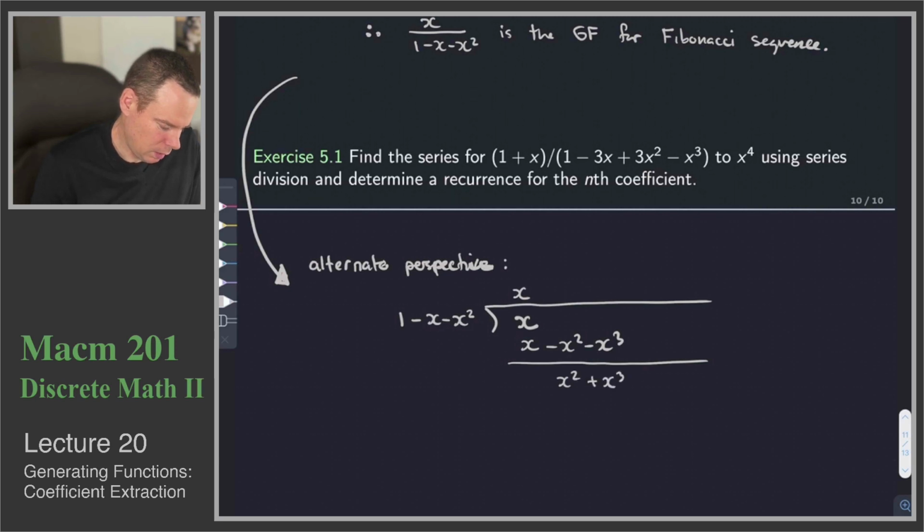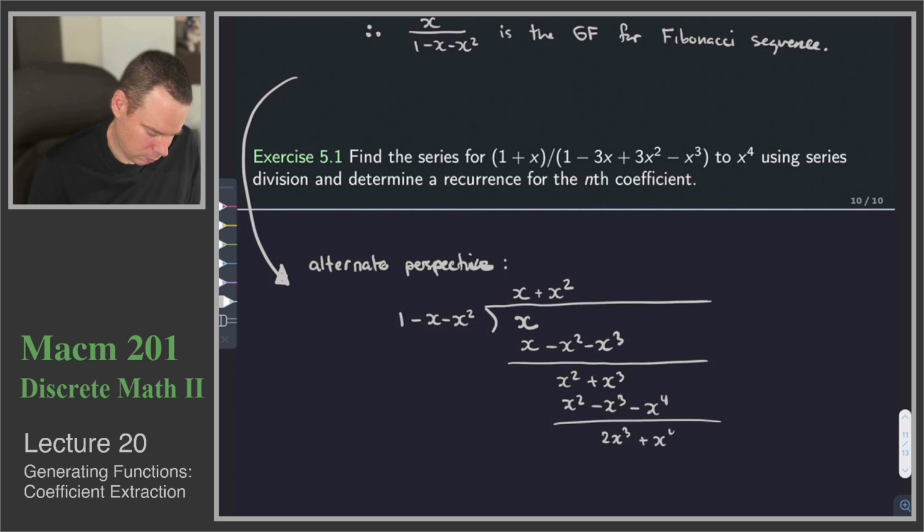And then repeat. How many times does 1 go into x squared? It goes in there x squared times. So then we'll multiply. x squared minus x cubed minus x to the 4th. Take their difference, and we get 2x cubed plus x to the 4th. And repeat. How many times does 1 go into 2x cubed?